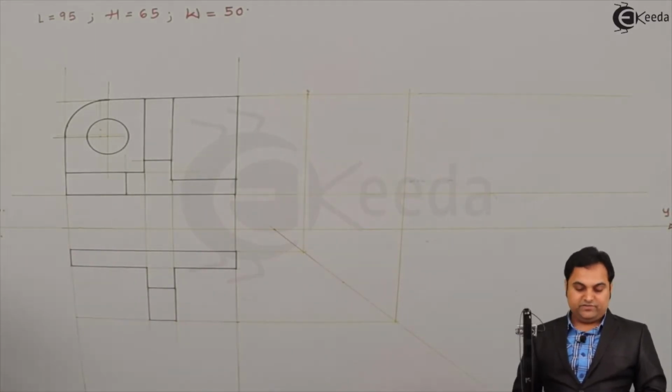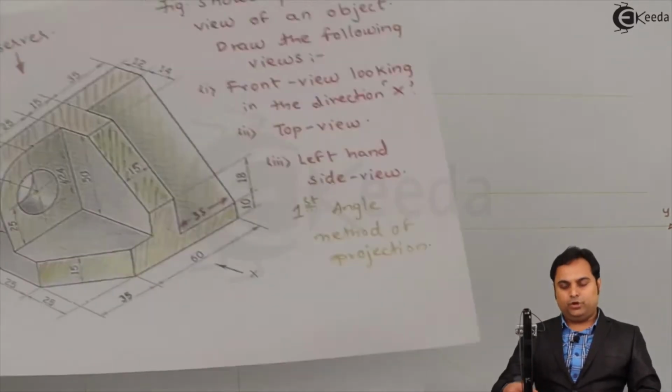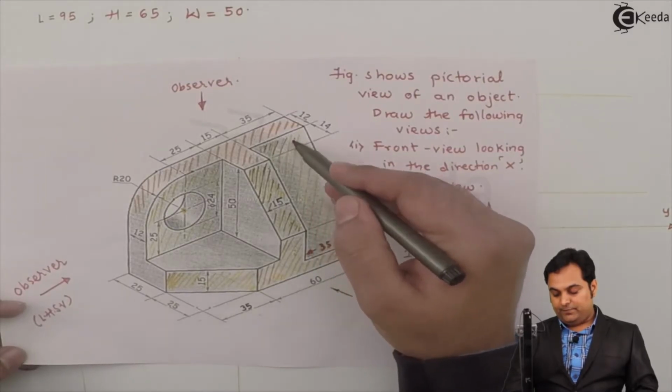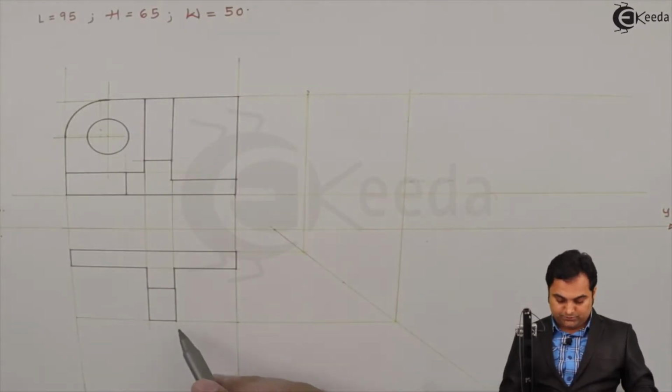So in this way the surface will look like. Next, even from the top, this inclined rectangle will be visible, and it will appear as a straight rectangle, which is this portion.